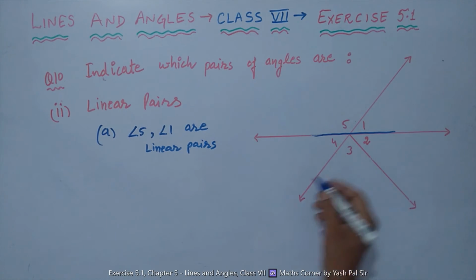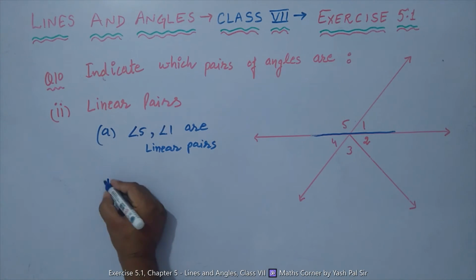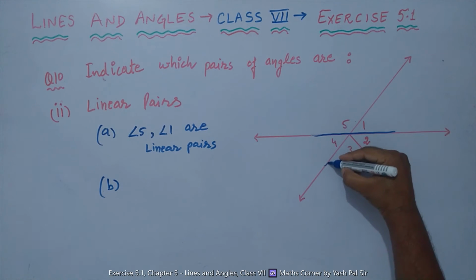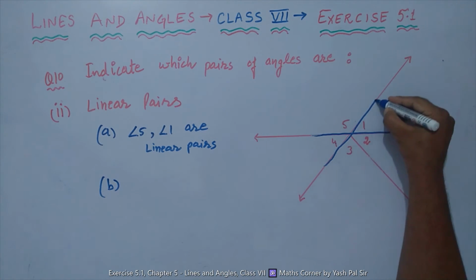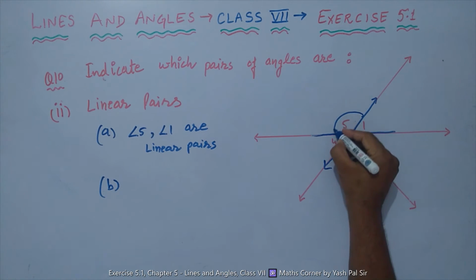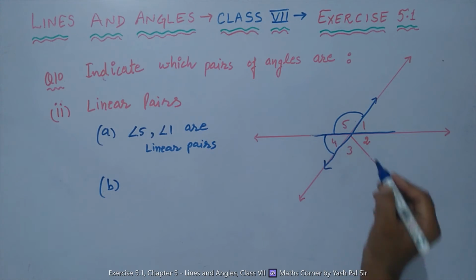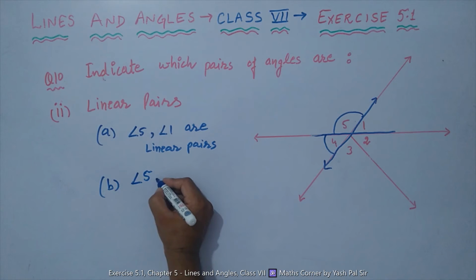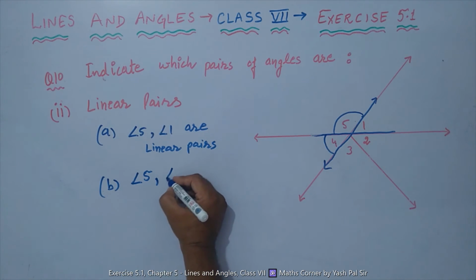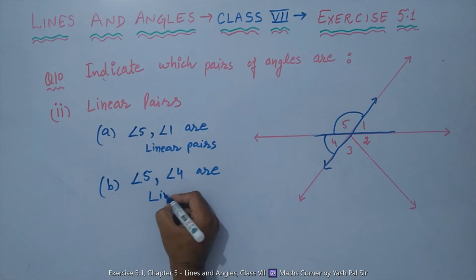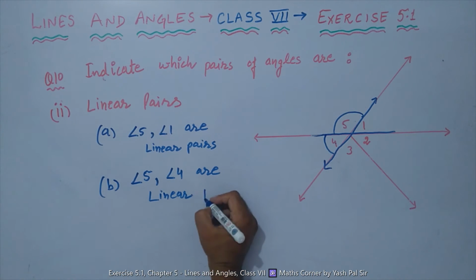Okay, moreover B part, angle 4 and angle 5, they are also on the same line. This angle 5 and this angle, they are also on the same line. So what we write here, angle 5 comma angle 4 are linear pairs.